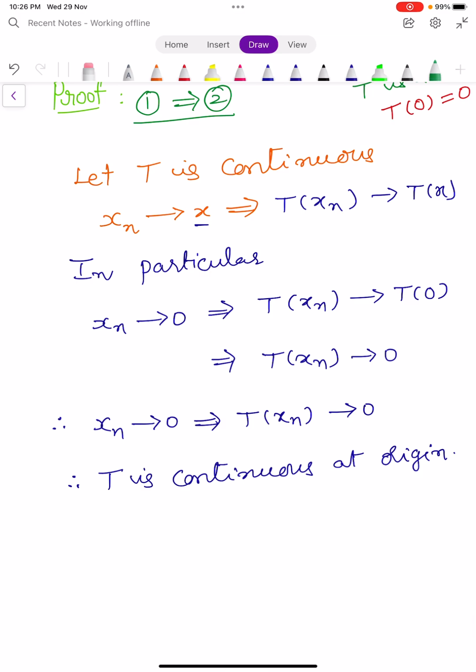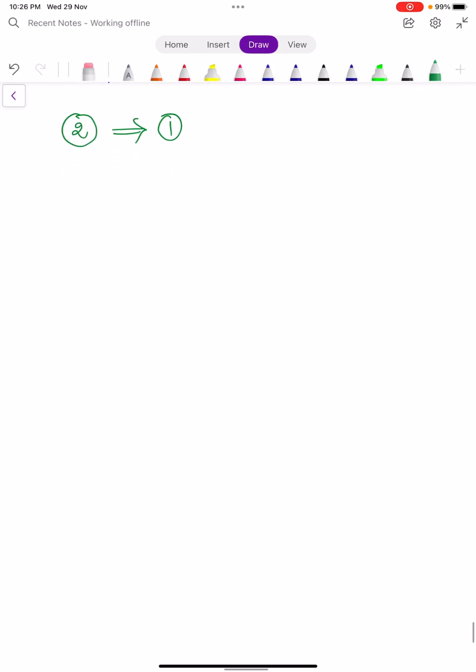Now the next one is 2 implies 1. We prove that 2 implies 1. So assume that capital T is continuous at origin. What it means?